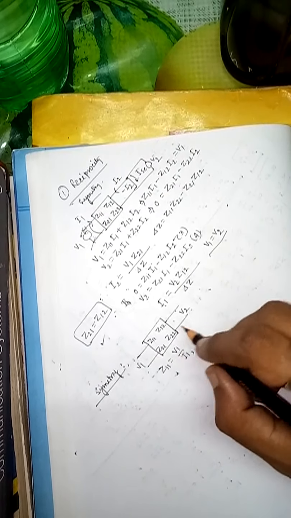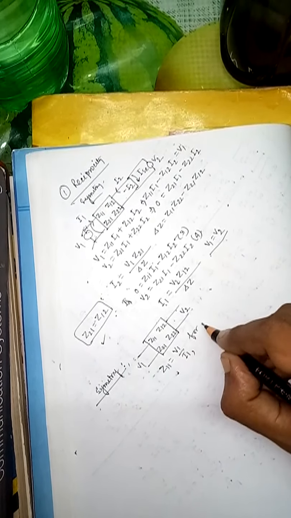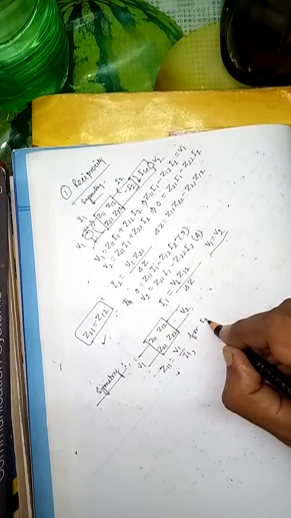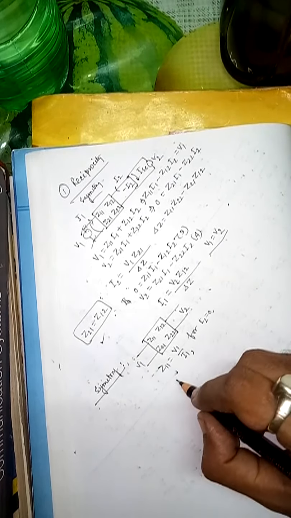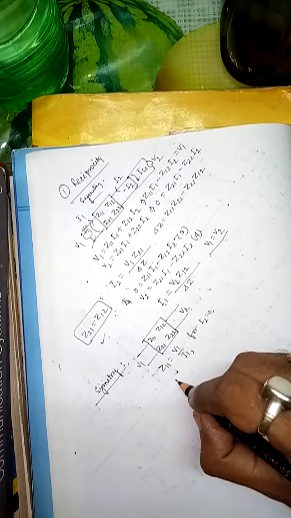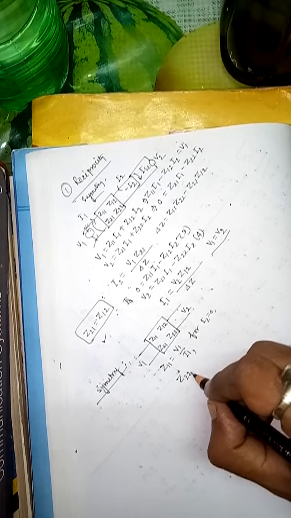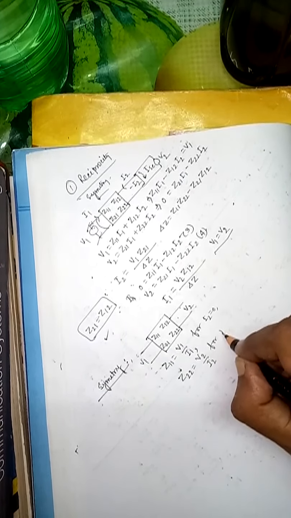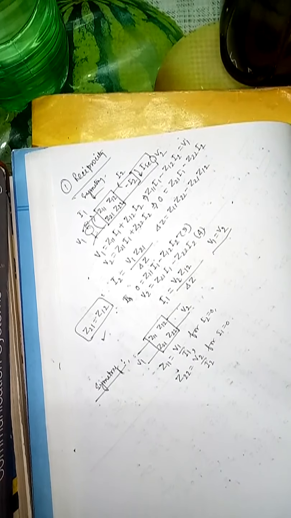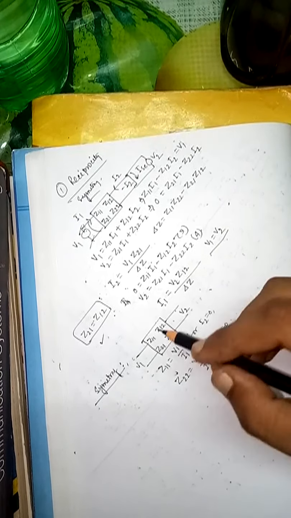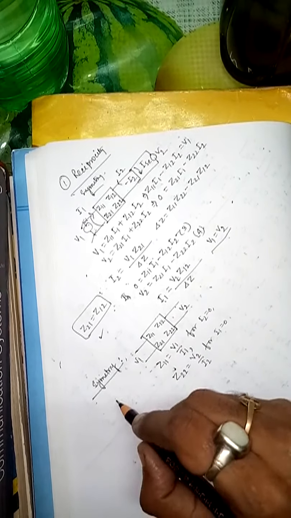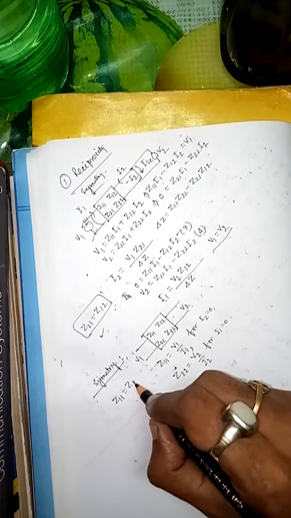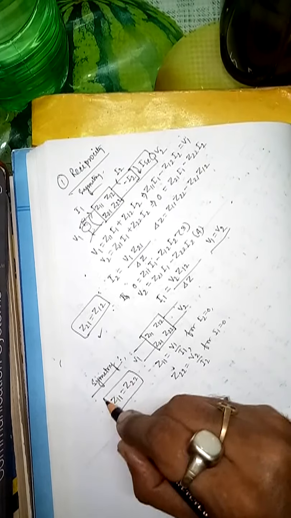In the same way, for I1 equals 0, Z22 equals V2 by I2. Okay, so if V1 by I1 and V2 by I2 are the same, only then can it be said the circuit is symmetrical. So the condition is Z11 equals Z22. That is the condition of symmetry.